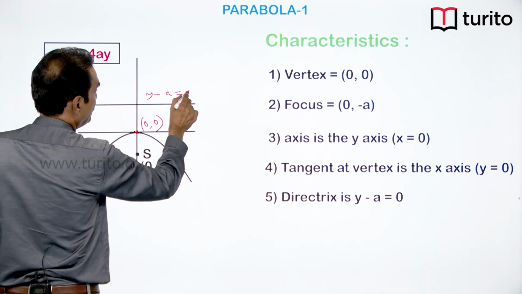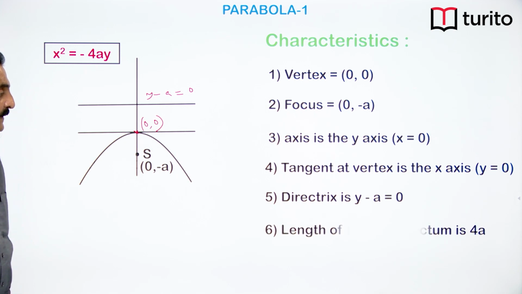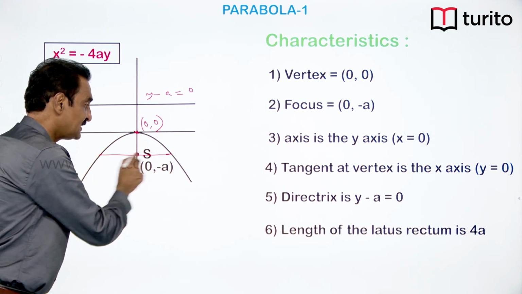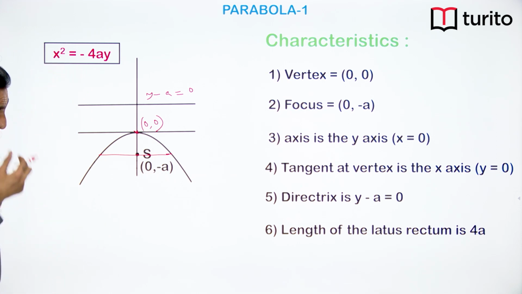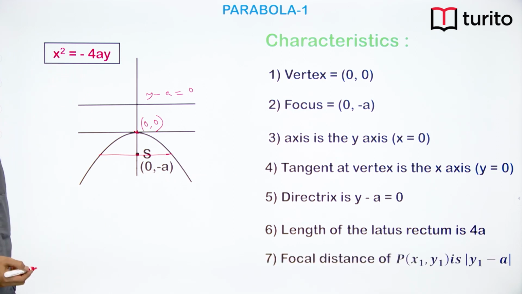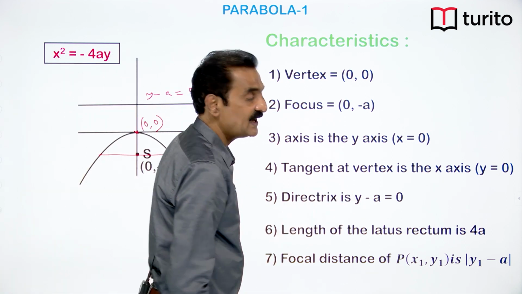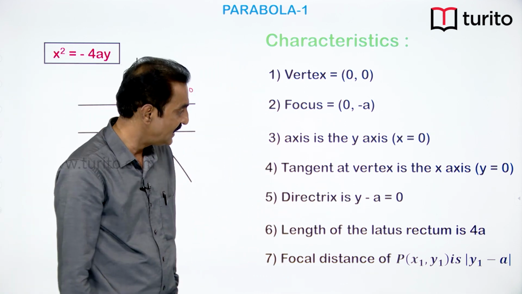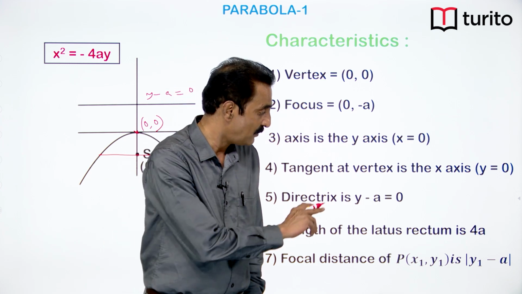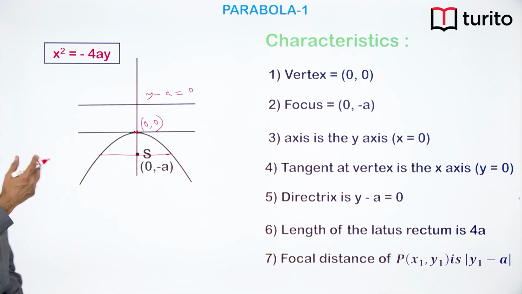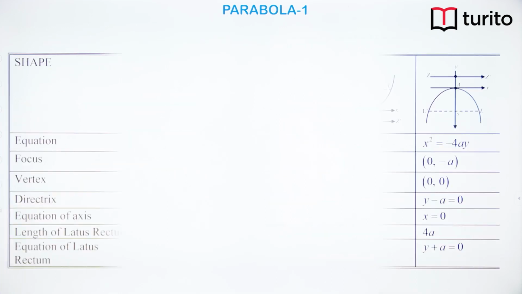The length of the latus rectum remains the same. This one is of length 4a. Focal distance: in the previous result, replace a by minus a, we get mod y1 plus a, mod y1 minus a. Now, let us put all these results in the form of a table.